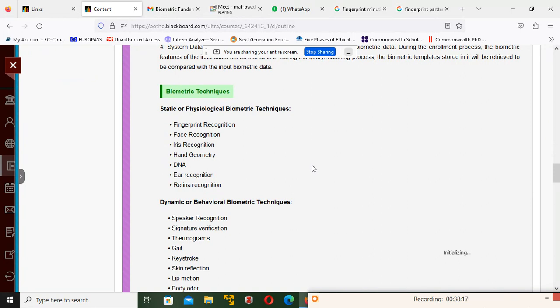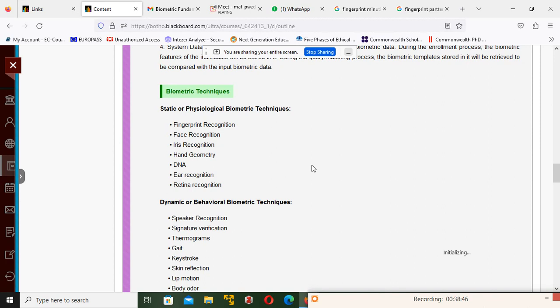So in biometric techniques, we have the static ones and then we have the dynamic ones. The static ones, as I told you, in some books you may see as anatomical biometric techniques. We are saying anatomical because it is present on the body.